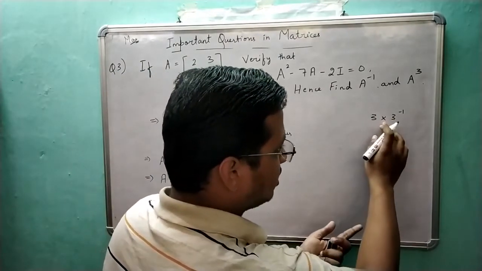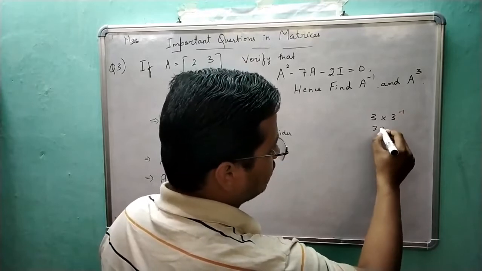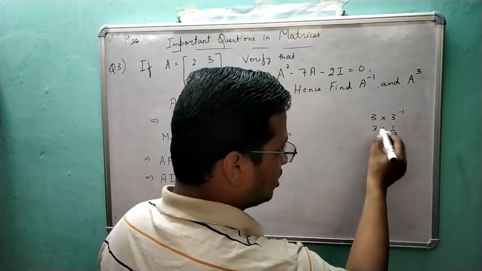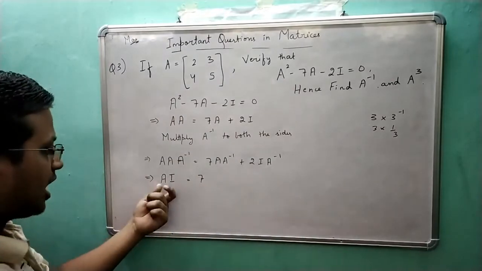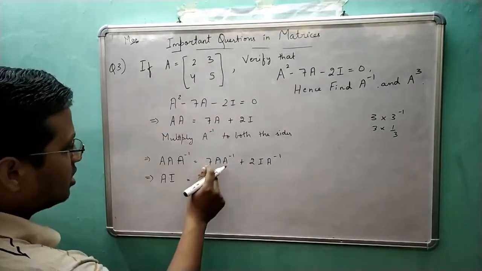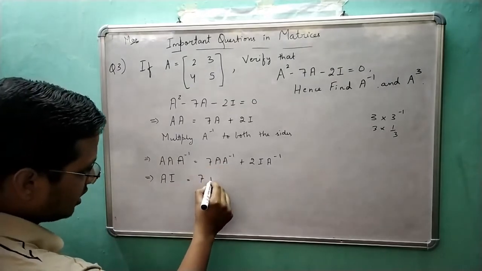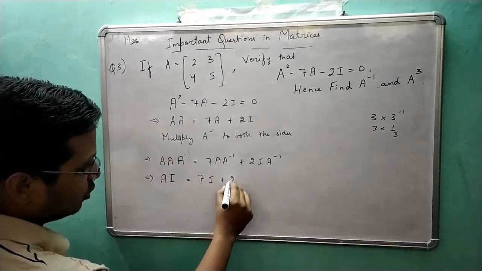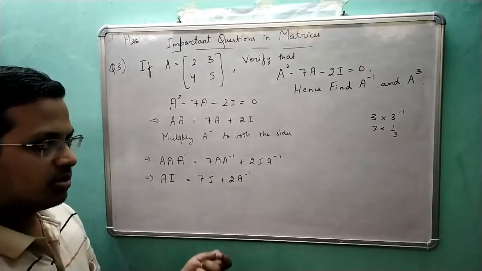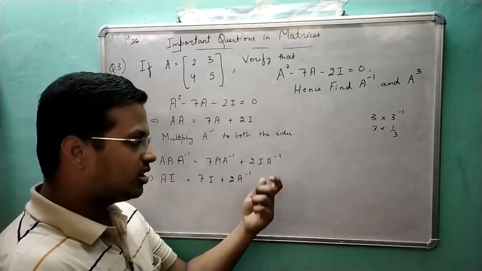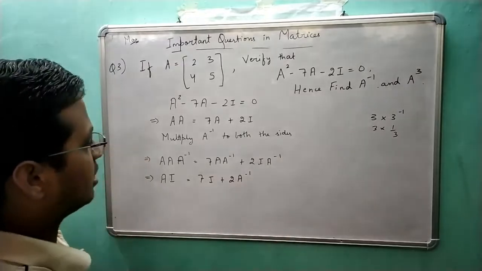If you multiply 3 into 3 inverse, 3 inverse means 1 by 3, so it becomes 1. So a number into its inverse will give you 1, or identity in case of matrices. Similarly, A into A inverse is I, plus 2 into I into A inverse is A inverse. Multiplication of identity with any matrix is the matrix itself.